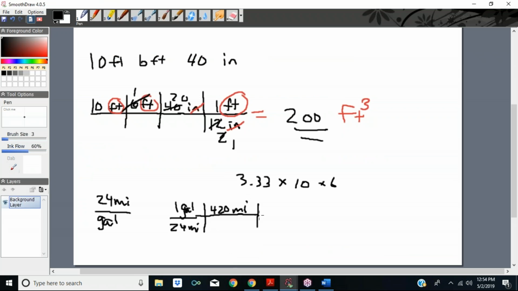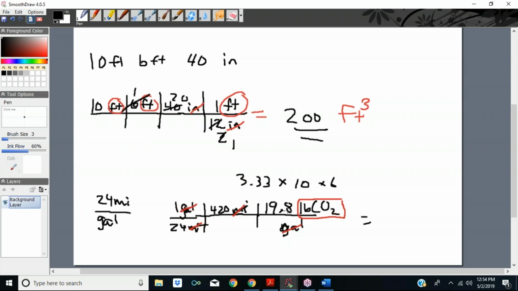And then we're going to multiply by that 19.8, so the miles cancel out. Then we have that 19.8 pounds of CO2 per gallon. And so we can see that the gallons are going to cancel out next. And we're left with just pounds of CO2. And so we can multiply it all out.